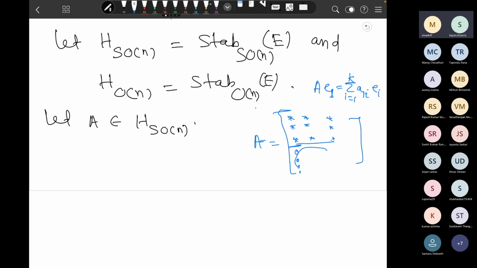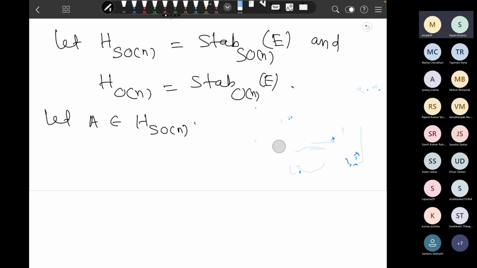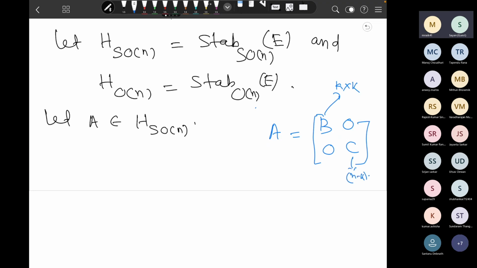Similarly you can prove that there are 0s in the other block and something in the lower block. So A will be of the form B 0 0 C, where B is a k by k matrix and C is an (n minus k) by (n minus k) matrix.